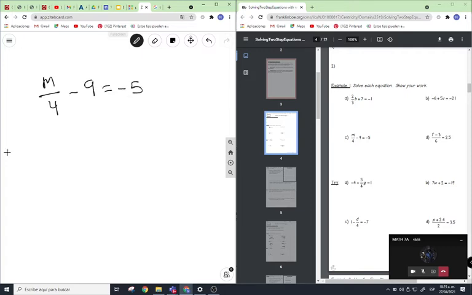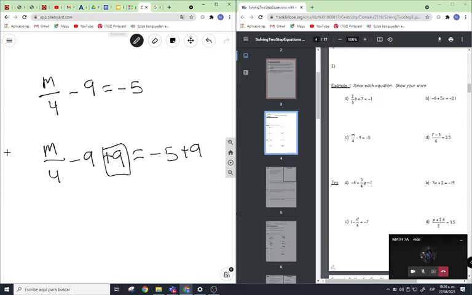Okay, so this 4 is really close to the m, to the variable, so we are going to leave it to the end, and the minus 9 is what we are going to get rid of first. So in order to get rid of this, we have to do the opposite. So if it's minus 9, we have to add 9, but we have to also do it on the other side in order to maintain the balance.